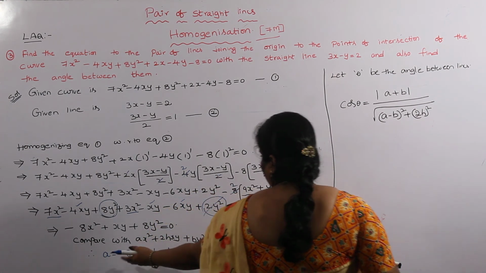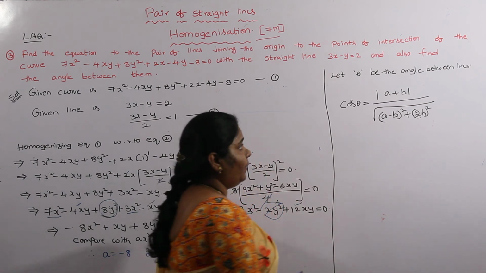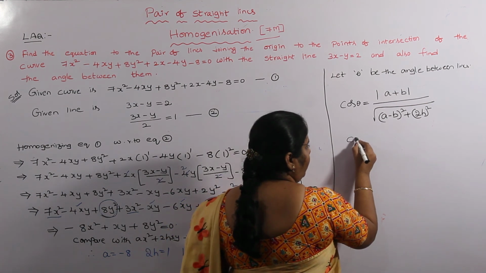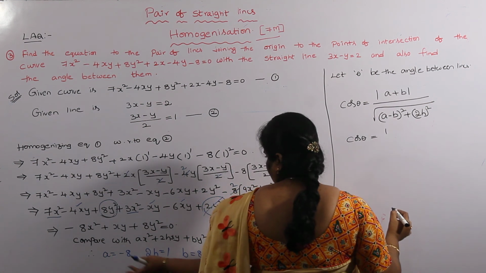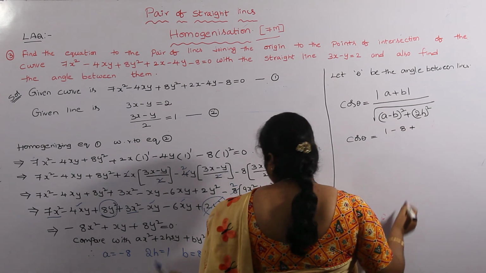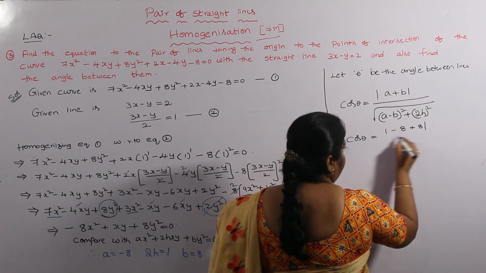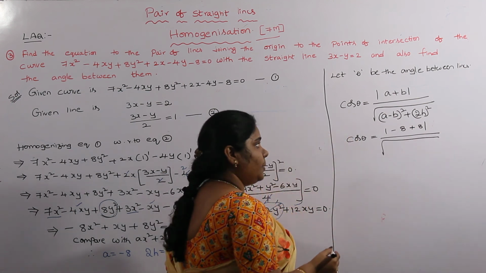Already we have a, 2h and b values. Substitute all these values here. From that we get cos theta is equal to a plus b. A is equal to what? Minus 8. Plus b is equal to what? Plus 8. Minus 8 plus 8 by root over a minus b whole square.